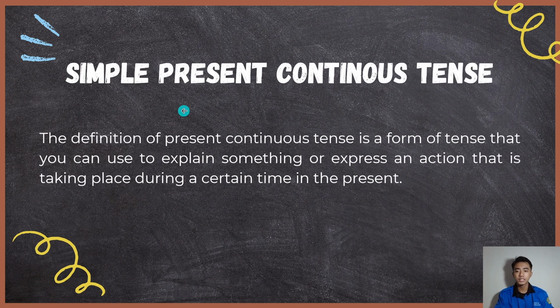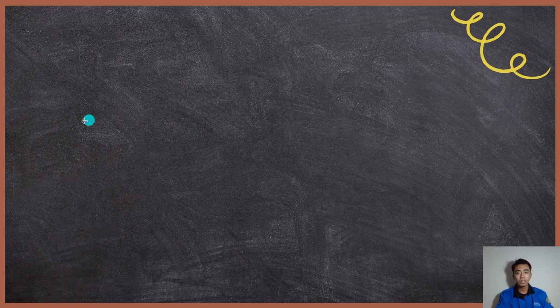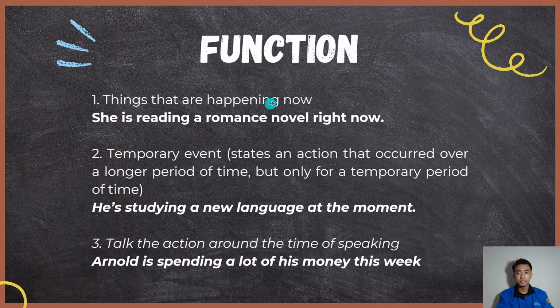Okay, the last, simple present continuous tense. The definition of present continuous tense is a form of tense that you can use to explain something or express an action that is taking place during a certain time in the present. And then the function. First, things that are happening now.